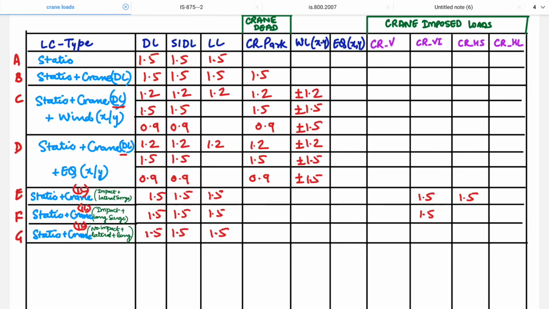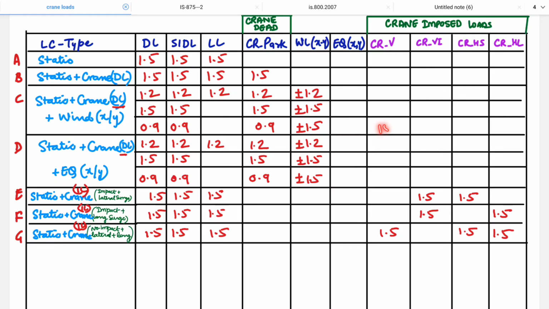Then we have impact plus longitudinal surge. Then we have no impact plus surge in lateral and surge in longitudinal. So these are the load combinations. But you have to take caution in case of earthquake loads. Each of these will form 24 combinations in case of 100, 30, 30. 24, 24, 24.